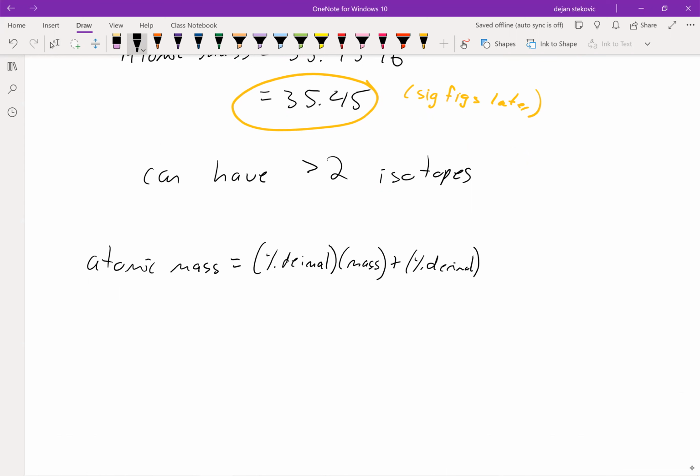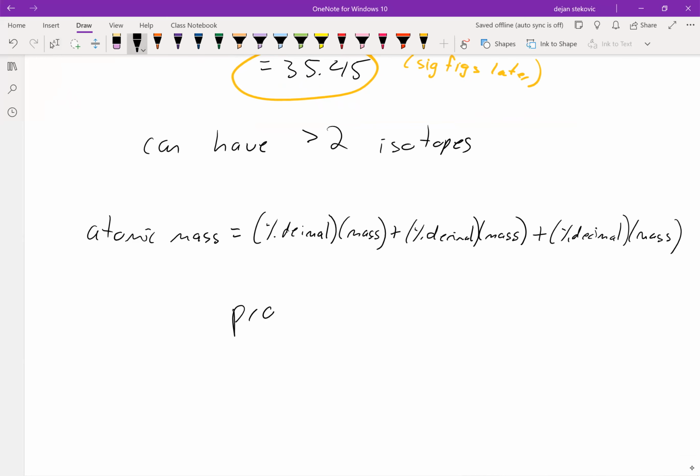Percent as a decimal times the mass. And then if you have 3 isotopes, you would do it another time. If you had 4, you do it another time, 5 another time, and so on and so forth. You just want to add up all your parts. Of course, a little bit of practice will make you perfect at this. Cool.